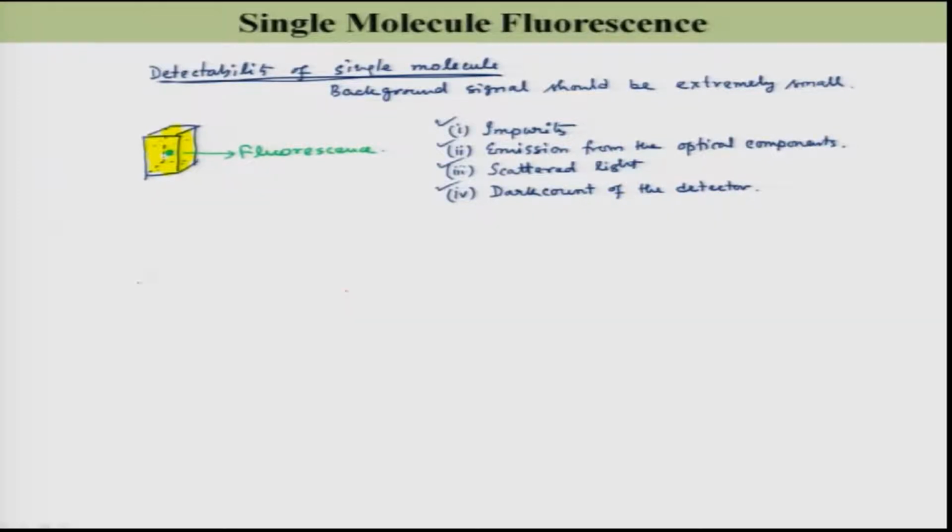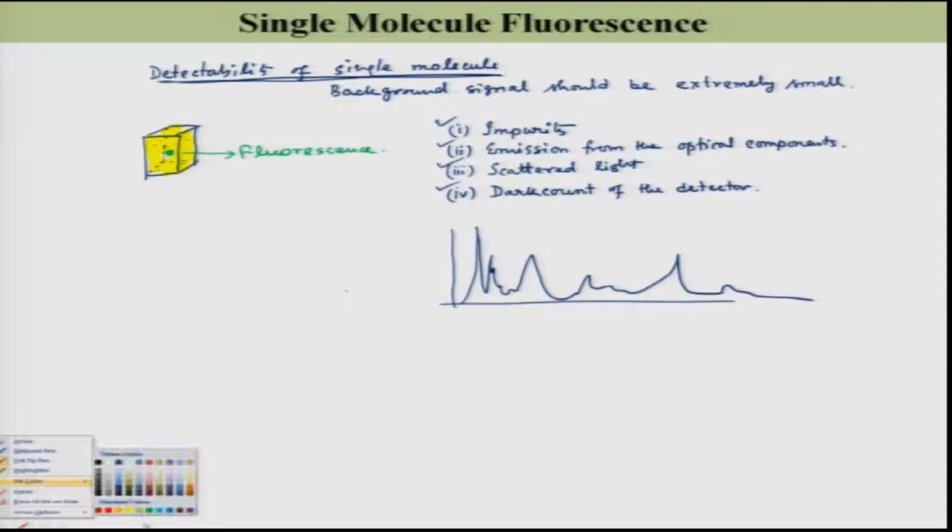So, what I want to say is that even if you take care of all these different problems, this Raman scattering is represented this way, like this, and your fluorescence will be somewhere here. So, you will not be able to see this fluorescence in presence of this Raman scattering.